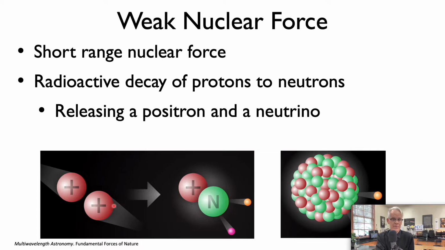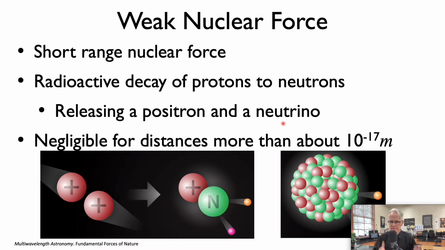When a proton is turned into a neutron, it releases a positron and a neutrino. Again, way more about this later. I'm just giving you an introduction here. This is also negligible except for really, really tiny distances, about 10 to the negative 17 meters.